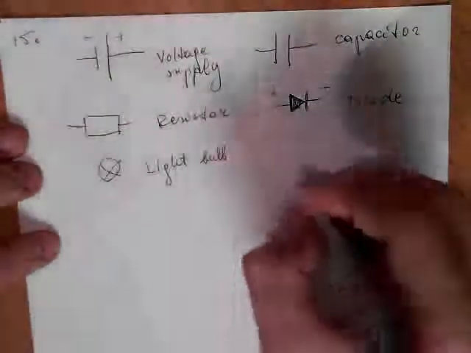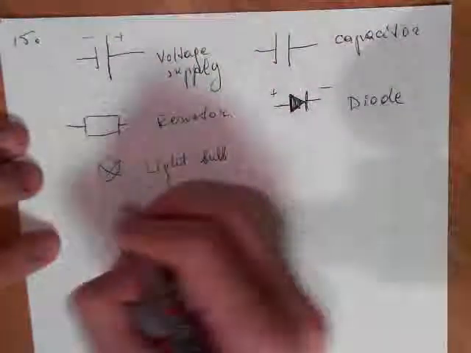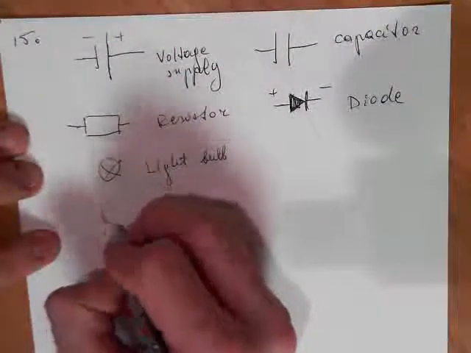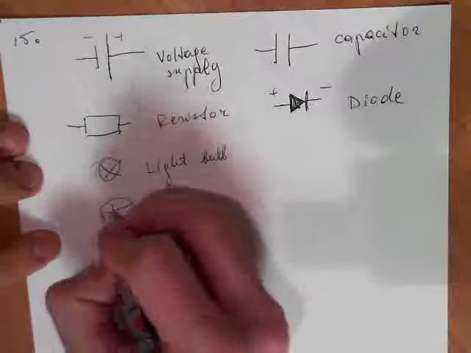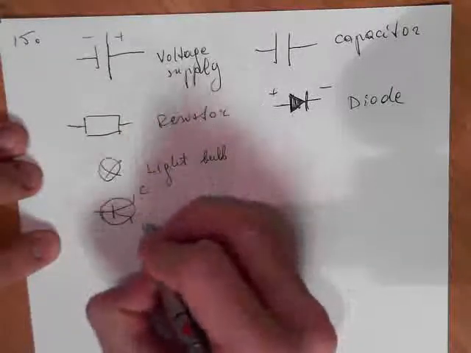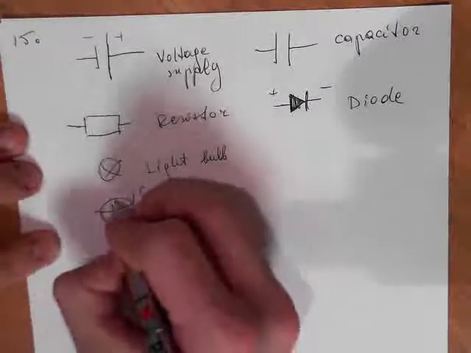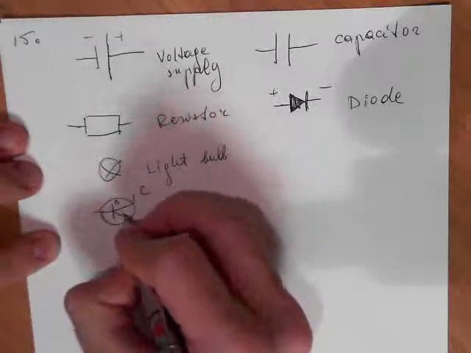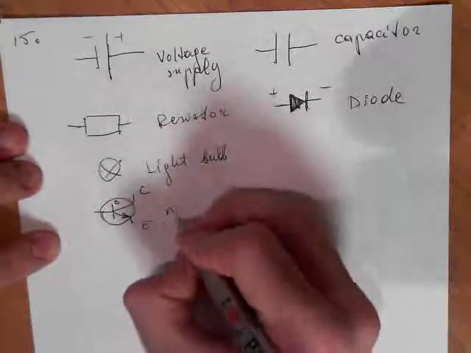Transistors. This is the collector, emitter, and this is the base inside, and this arrow goes outside. This is for an NPN transistor.